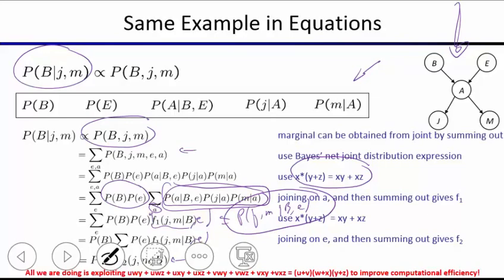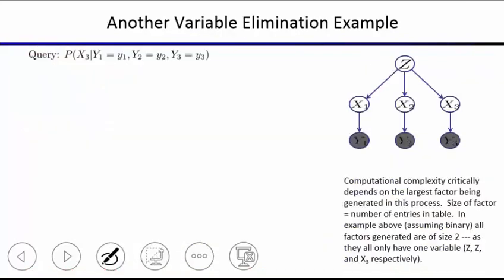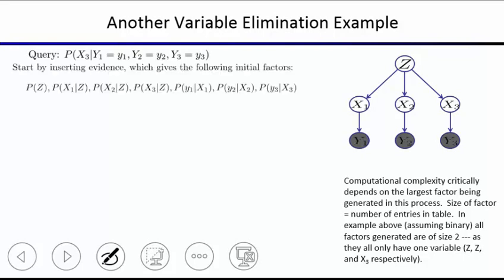All right, so then let's take a look at an example where we, again, don't dive into the details, but we'll start thinking about what the effect is of the ordering of the variables in which we eliminate things. So here is a query. The query is for x3 given y1, y2, and y3. So the factors we start with are all the original factors from the base net over here.